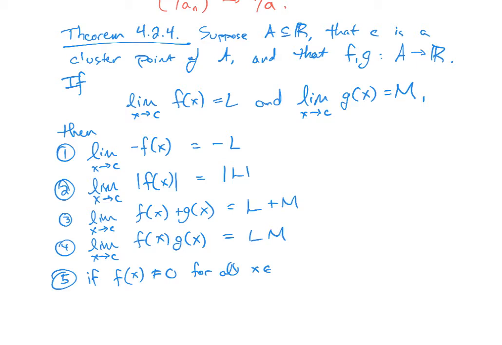I can say in A with C removed, because we don't care what happens at C. And we've already said that the limit of f as we go to C is L, so I want L to be not equal to 0.